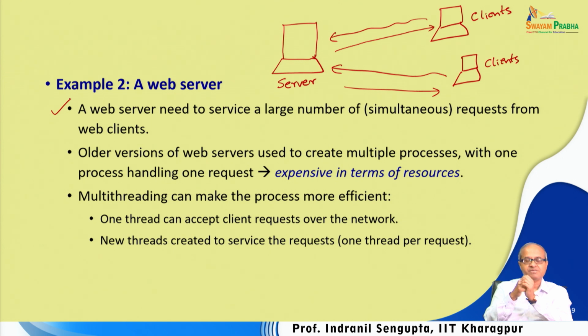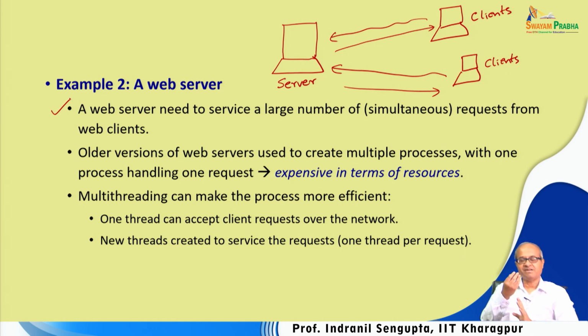Another request comes, I fork another child process and ask the child to directly contact this new client and send whatever that client is asking. So, if there are 100 requests, there will be 100 processes created.